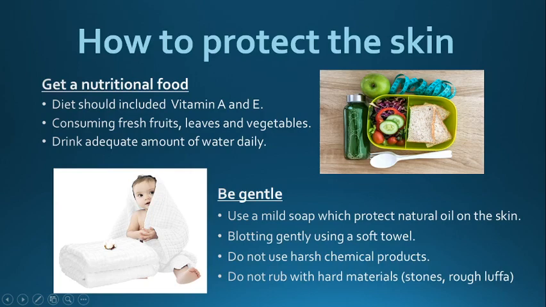The first very important thing is getting a nutritional diet daily. Our diet should include vitamin A and E. It is a must. And we can gain these vitamins A and E by consuming fresh fruits, leaves and vegetables.